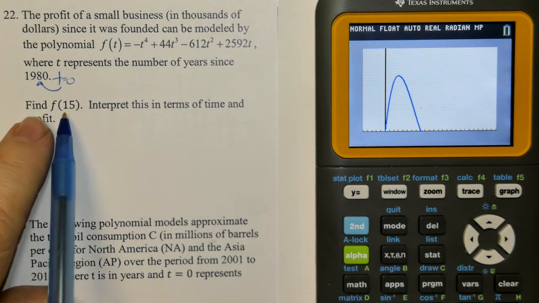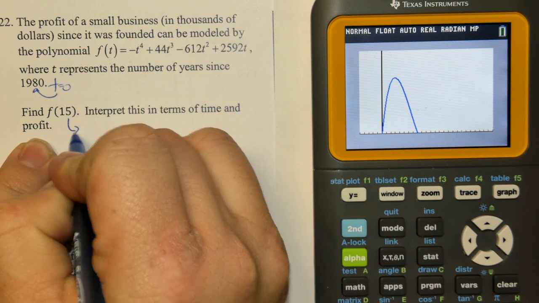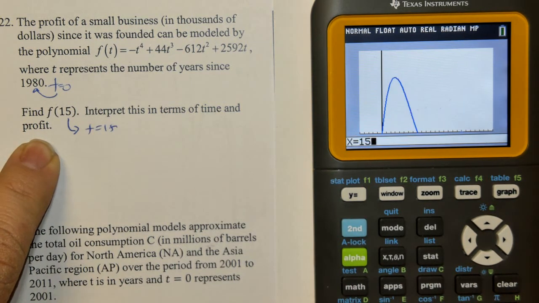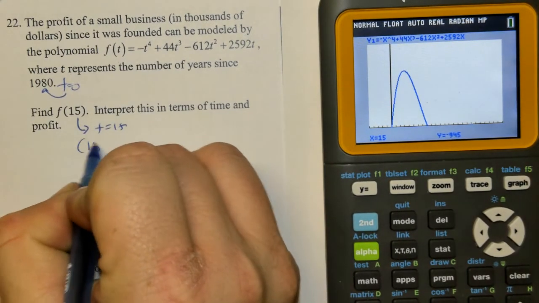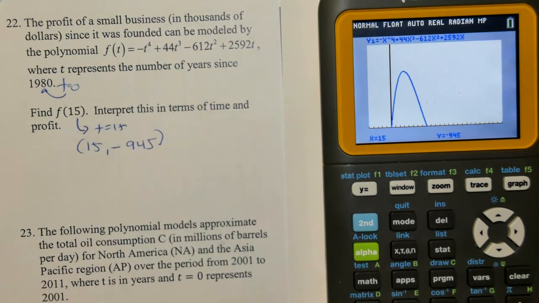And now it needs me to find 15. This is when T, or X, when T is 15. Second trace value, 15. So I can see 15 corresponds to negative 945. What does that mean?